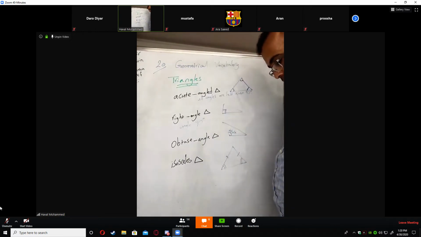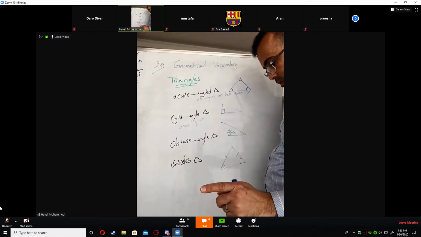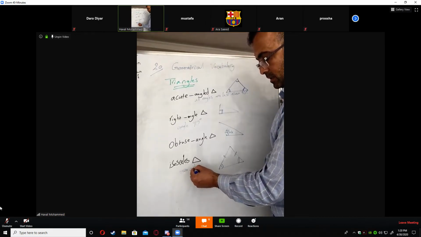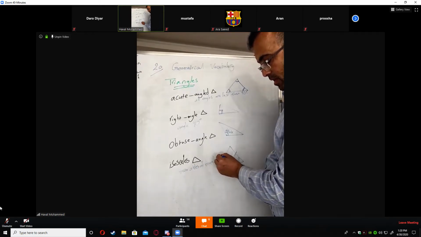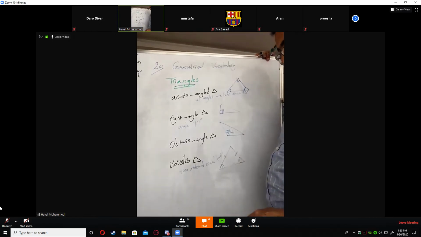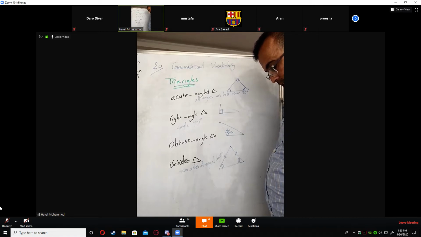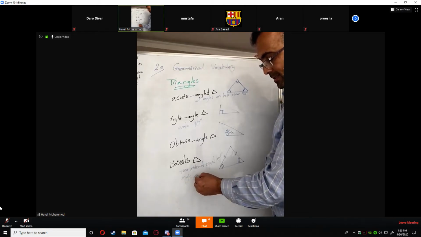Isosceles has two sides of equal length. That's the first property. And the second one, the angles opposite the equal sides are equal.